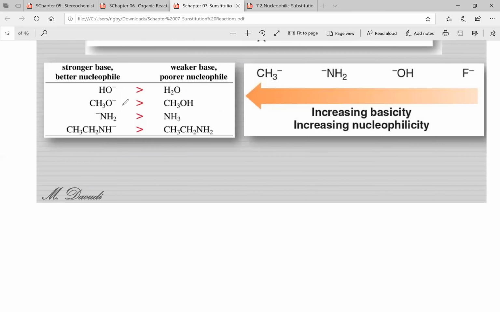Now, there's one more thing to note here, which is that you can be a base but not a nucleophile, okay? And this occurs due to steric hindrance. Steric hindrance is essentially just a bunch of stuff getting in the way of the nucleophile to attack. The way that I like to describe it is, let's have these two bases here, and I ask you which one is a better nucleophile.